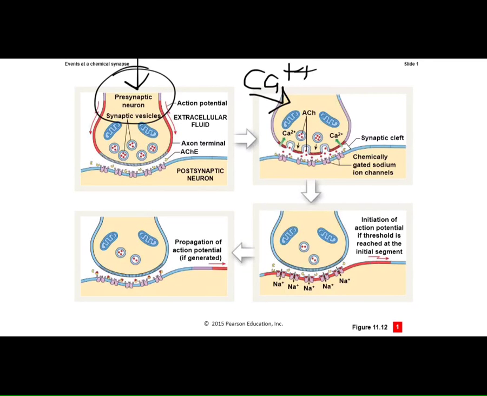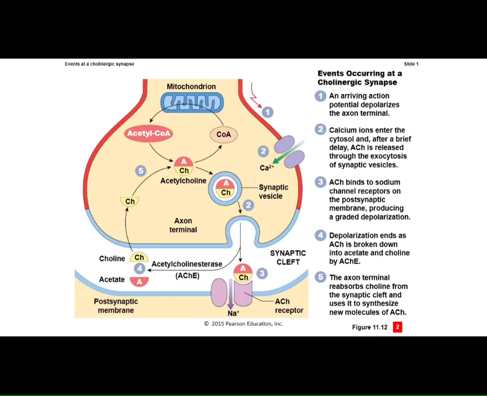The little half moon guys in here, little yellow guys, represent the acetylcholine esterase, and that's going to quickly wipe the slate clean, getting rid of any acetylcholine, bringing us back pretty much to rest. But what happened when that sodium came rushing in? This little arrow reminds us that we've now propagated a local potential, which could potentially become an action potential in the postsynaptic cell. So really, really cool stuff that happens.